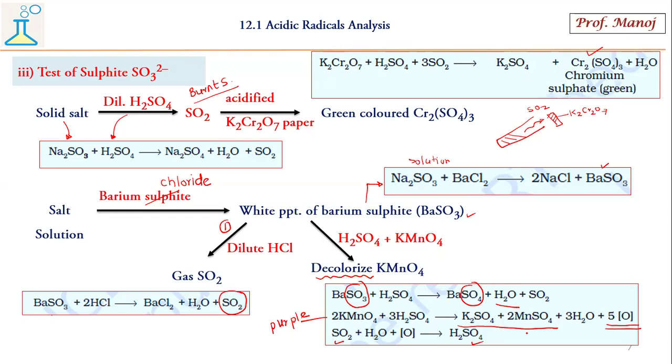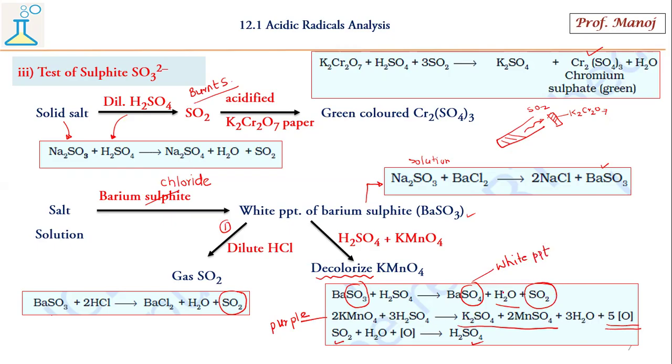Does barium sulfate undergo anything further? Barium sulfite or sulfate, which one are you saying? Sulfate. Where is barium sulfate here? In the first step of decolorizing KMnO4, this barium sulfate is gone. We are focusing on SO2 for the reaction's sake. Isn't barium sulfate a white precipitate? Yes, it will remain in the test tube.